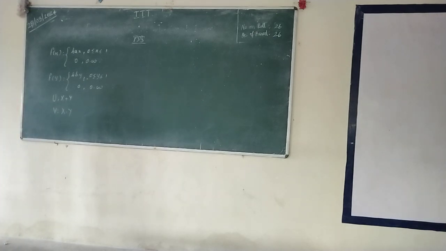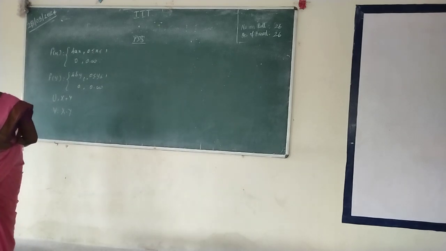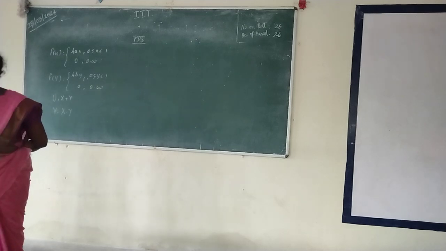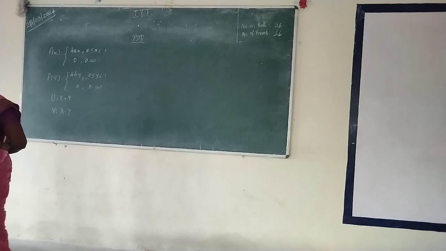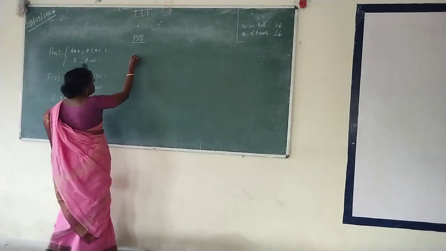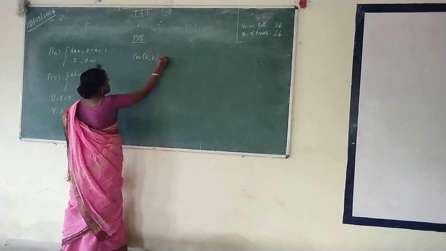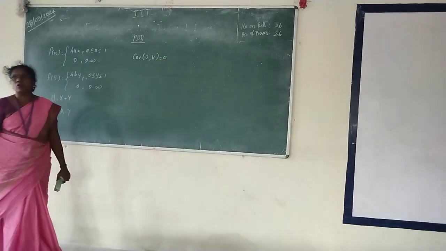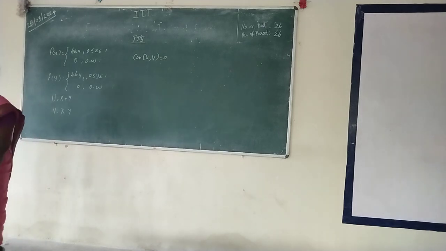To prove u and v are uncorrelated, that is to prove covariance of uv equal to 0. To prove covariance of uv equal to 0, what is the covariance formula?